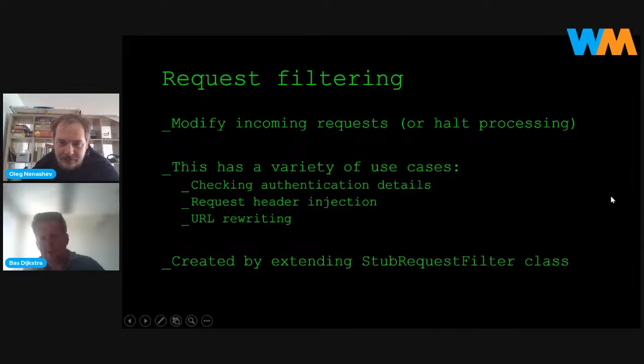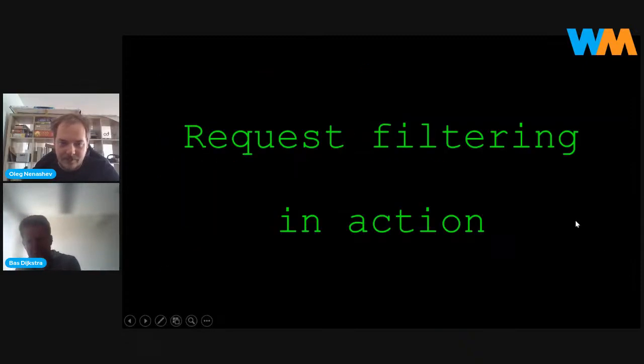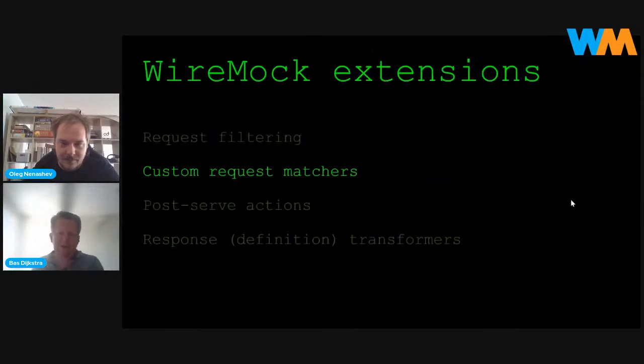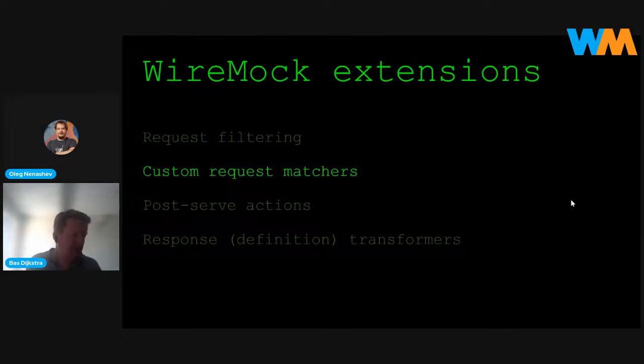So that was the request filter extension. The second one that I want to show is custom request matchers. As you probably know, for those of you who've been using WireMock, request matching, well, for those of you new to WireMock, is basically the strategy that WireMock uses to determine if it's going to respond to an incoming request and how it's going to respond to it.